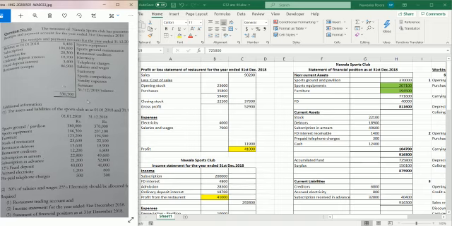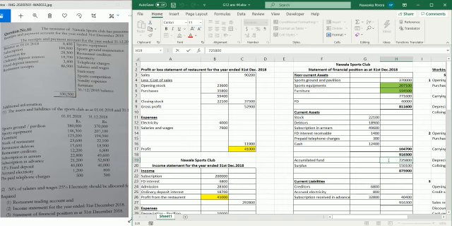So when you calculate opening accumulated fund, you have to add the opening balance of receipt and payment account into the total of assets. Once you do that, you get 725,800.